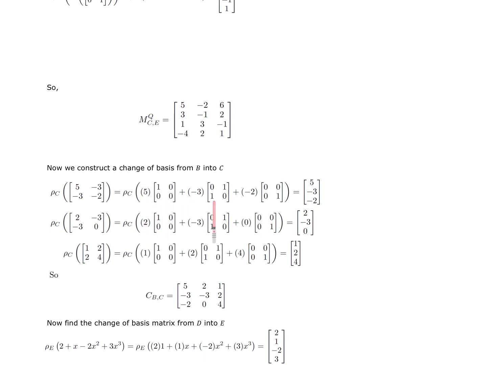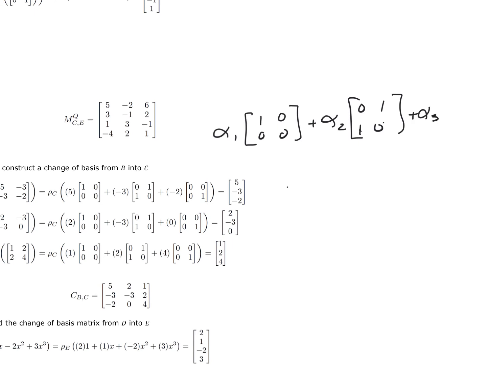The 5, the -2, and the 3. These are all coming from doing our alpha sub 1 times the 1, 0, 0, 0. The alpha sub 2 times the 0, 1, 0, 0, 1, 1, 0.